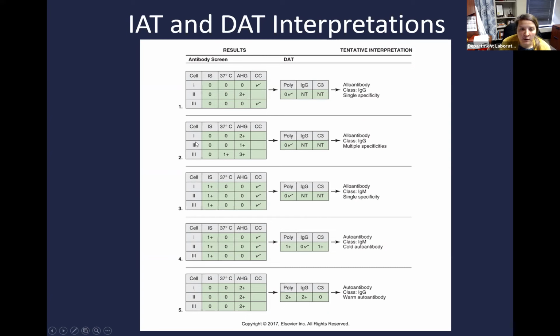Example number 2, notice that we have varying strengths of reaction. Every cell is positive. Screening cell 1 is 2+ at AHG. Screening cell 2 is 1+ at AHG. Screening cell 3 is actually 1+ at 37 degrees and also 3+ at AHG.